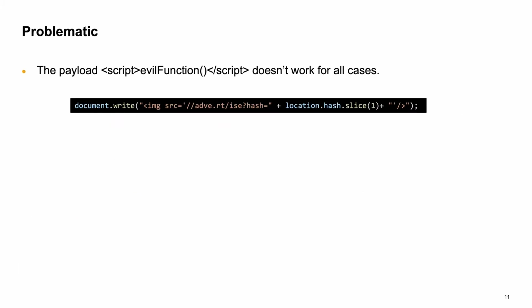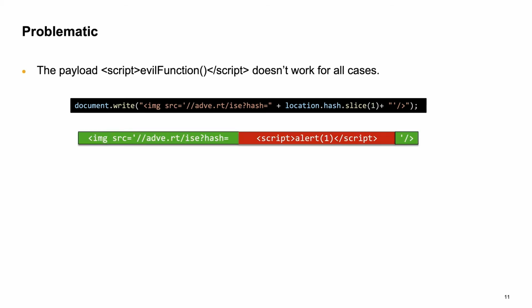Now, the problem that arises is, can every cross-site scripting vulnerability be exploited using a simple payload? Here is a slightly different example where the flow is landing in an attribute value.